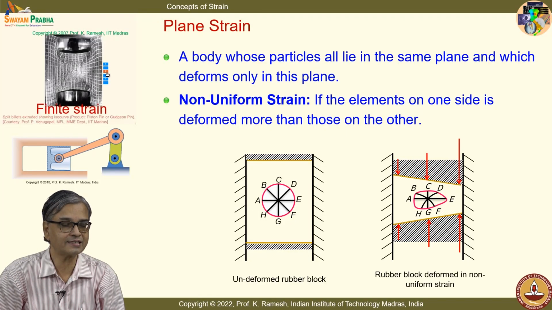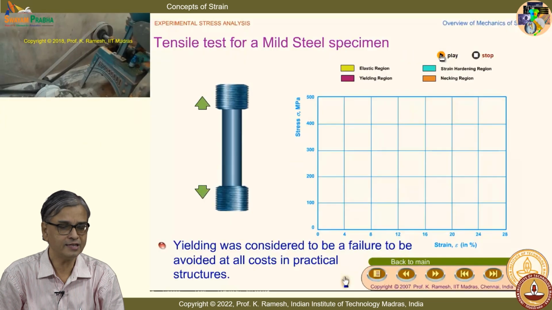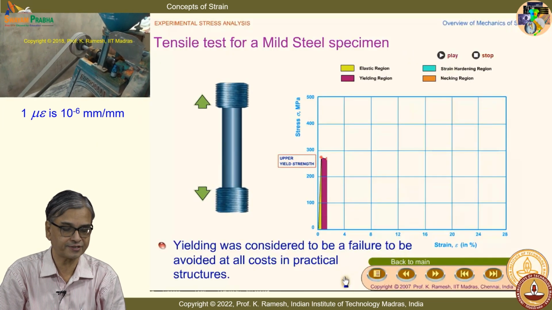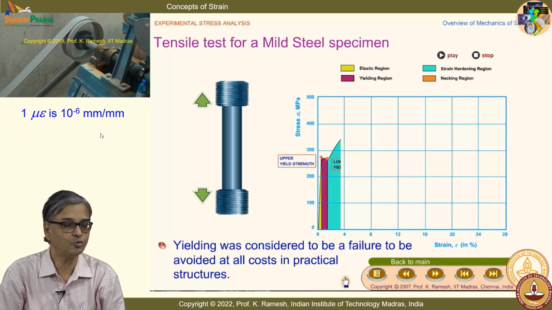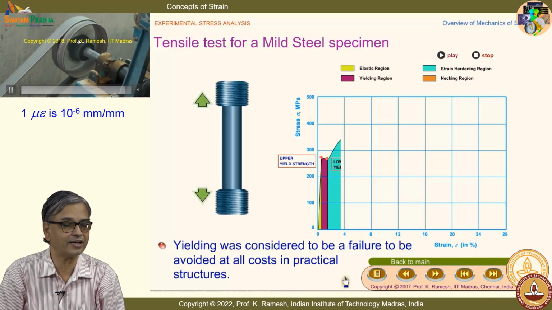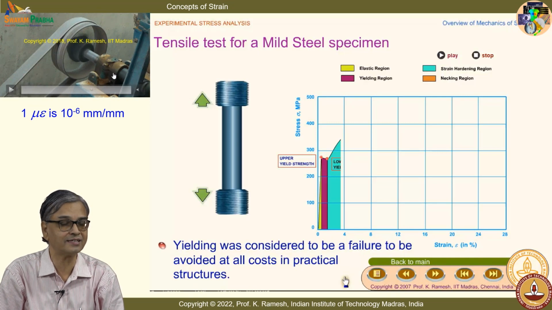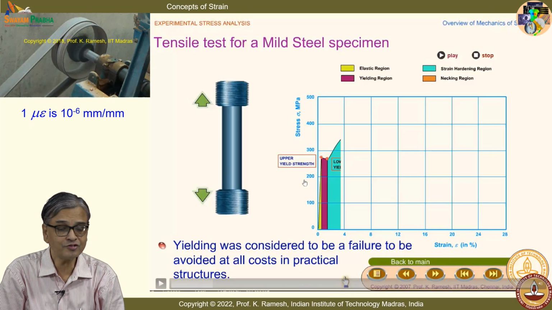And that you can understand when I look at the simple tension test. See, you have an atta chakki where a shaft is rotated and supported on bearings. When I have a mechanical structure like this, it has to remain elastic, and this is a very small region. This is the yellow region shown here.